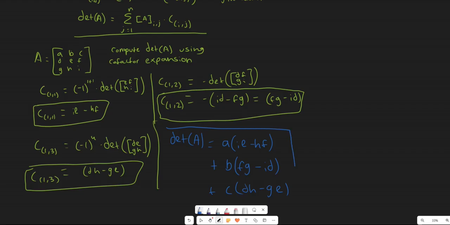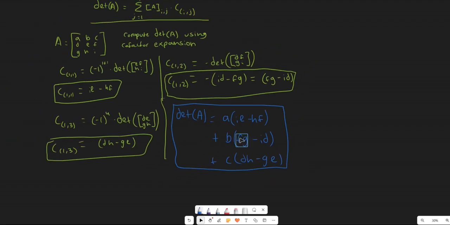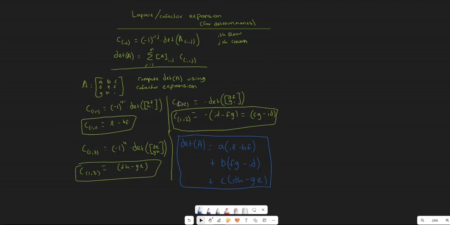And so if you have any 3 by 3 matrix, the determinant of that particular matrix will be this, where of course all of the variables in here are real numbers. And so yeah, that's a pretty simple, quick introduction to Laplace or cofactor expansion.